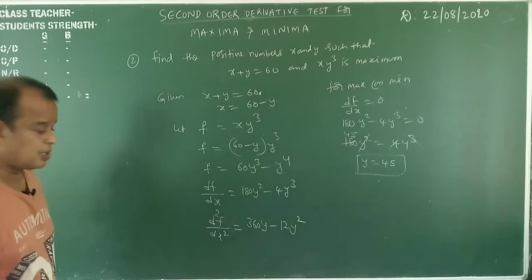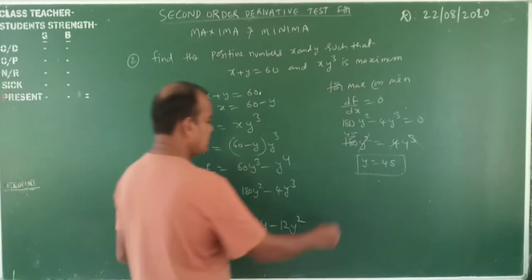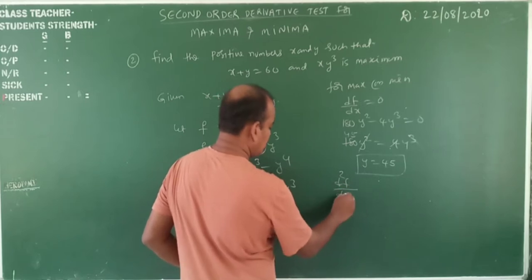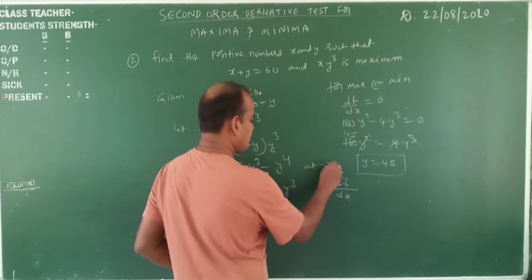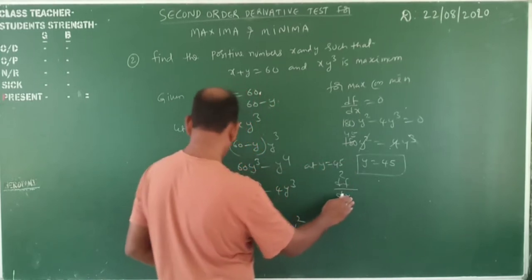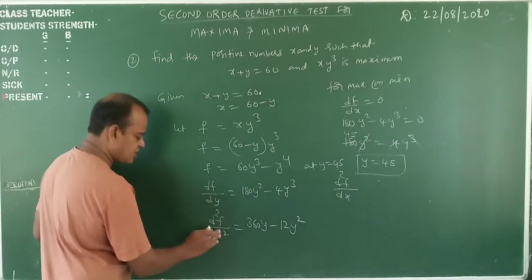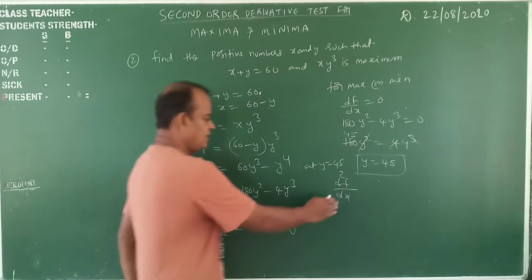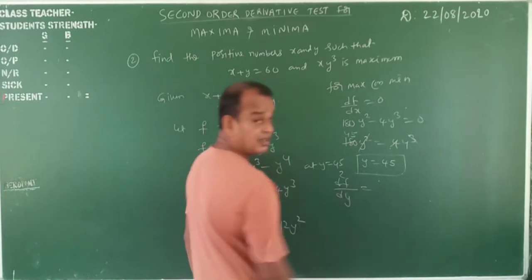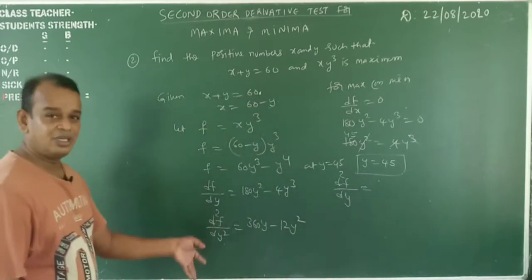Substitute this y value, 45, in the second order derivative. D square f by dy square, at y is equal to 45. Sorry, write this differentiation with respect to y, my dear students. I made a mistake.